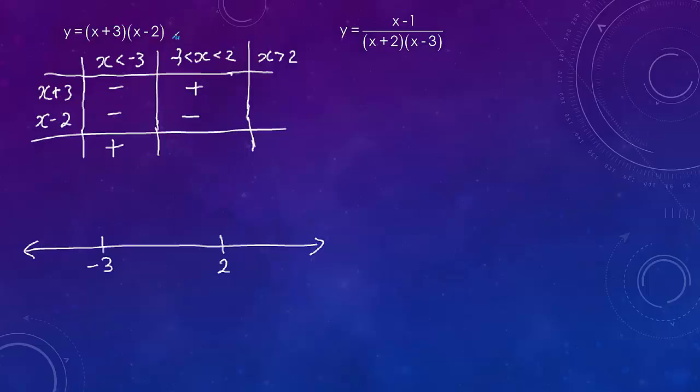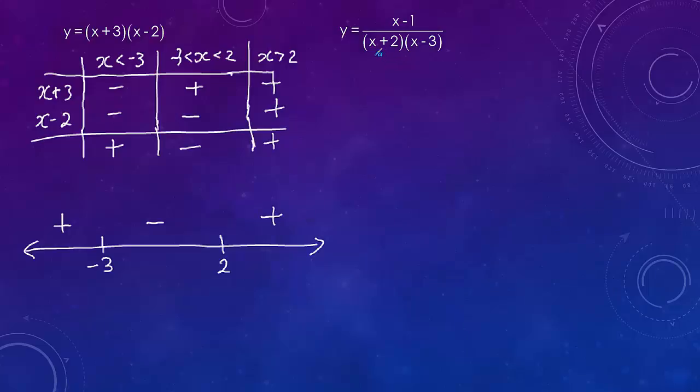Then we're doing a positive times a negative, which gives us a negative. And if x is more than 2, let's say 4. 4 plus 3 is 7, that's positive. 4 take away 2 is 2, which is positive. Positive times positive gives us a positive. And so we can say that it's positive here, negative here, and positive here.